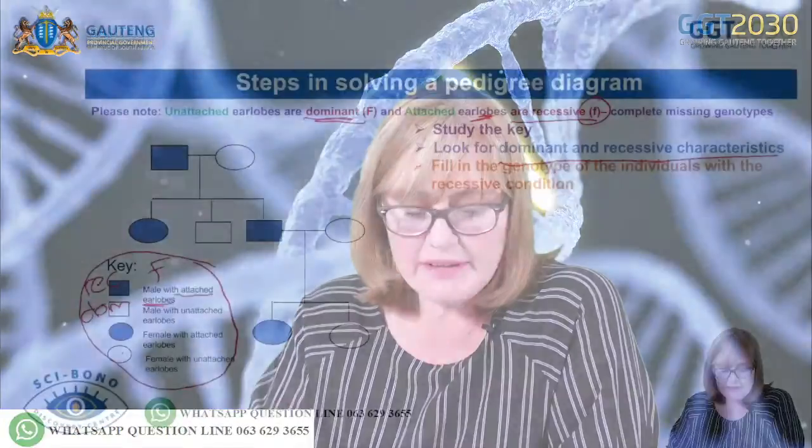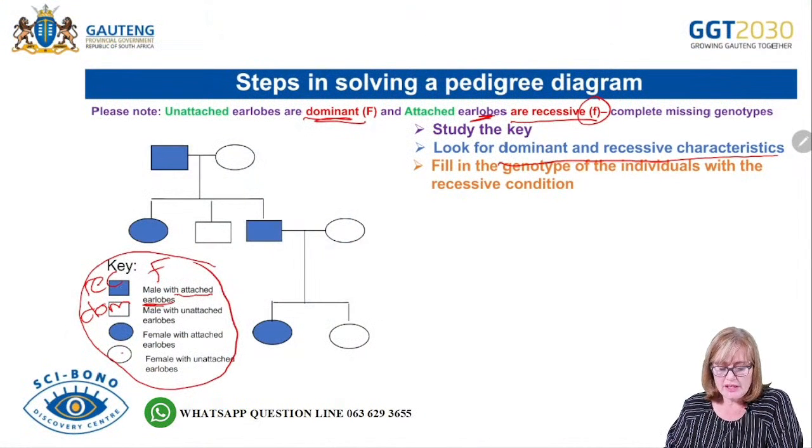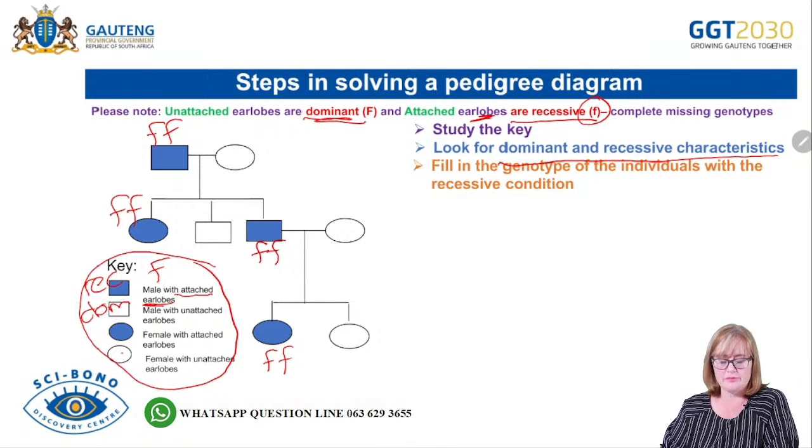Why? Because they can only be homozygous, right? So in this case, the attached ones are shaded, so we will fill in small f, small f, small f, small f, small f, small f, and this one is also small f and small f. So all the recessive ones have been filled in now, right? They are attached, they are recessive, homozygous, easy peasy, no problem there.